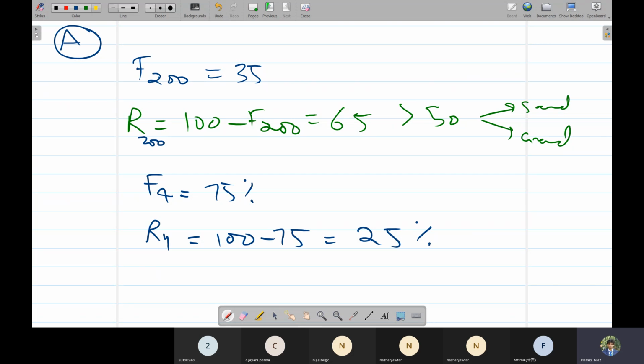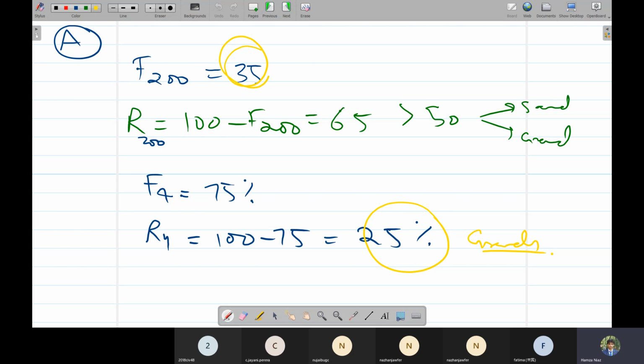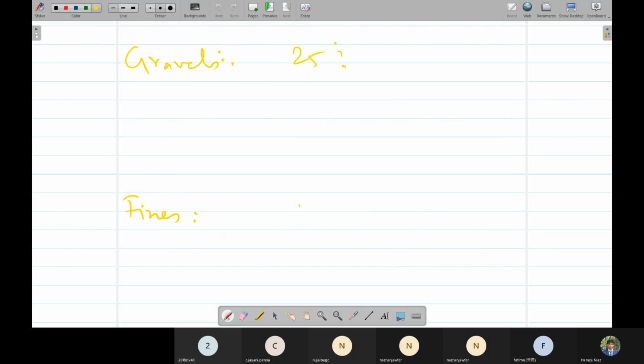So we know that there are 25% gravels in the soil. Fines, that means silt and clay, are 35%. Those passing through sieve number 200 are called fine grained or silty.